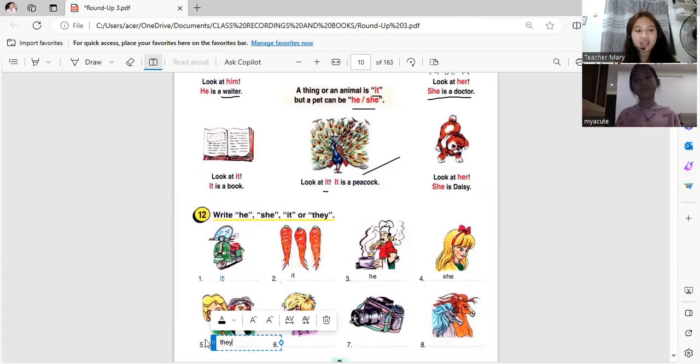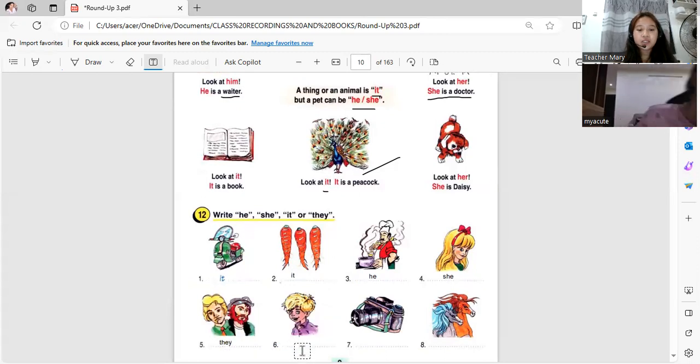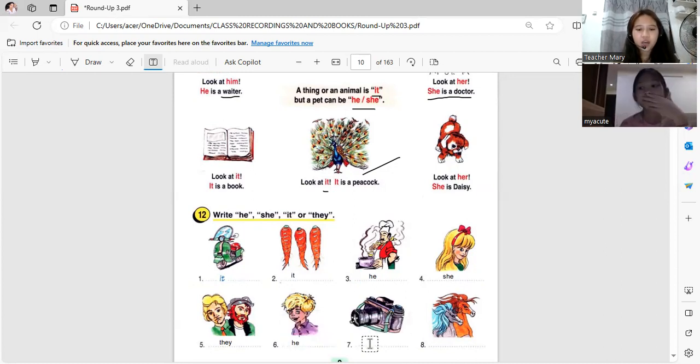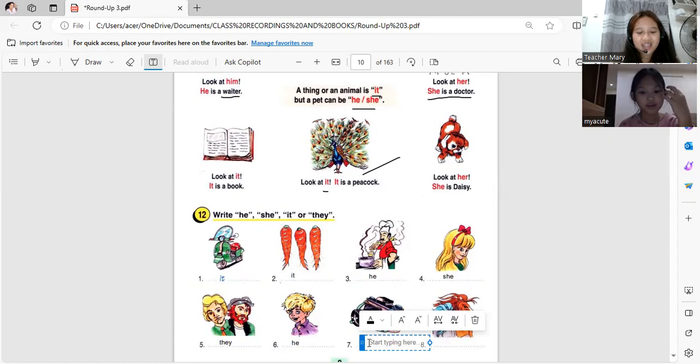They are many, right? How about number six? It is a young boy. Yes, he. Very good. How about this one? Number seven. A camera. What will you use? He, she, it, or they? Yes, very good. It, since it is a thing.